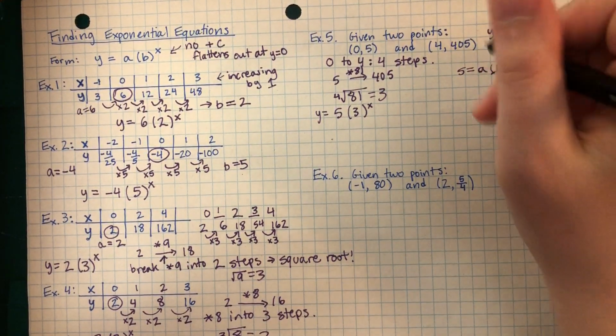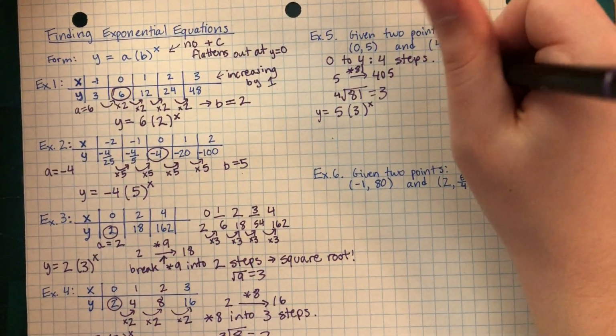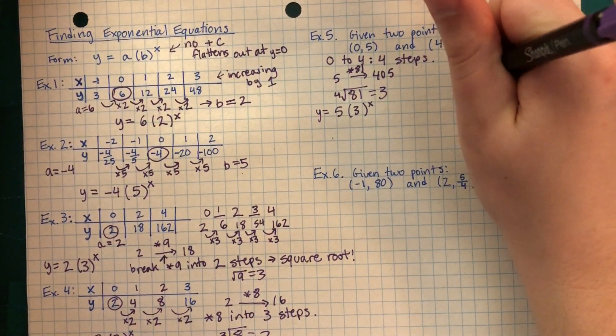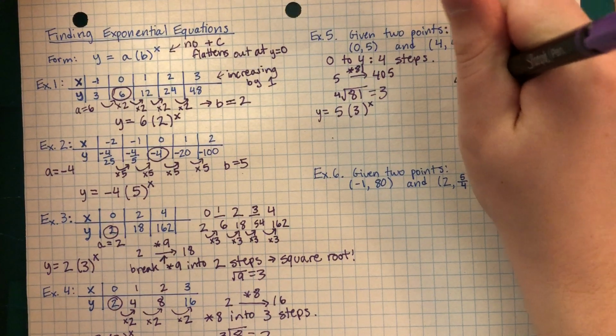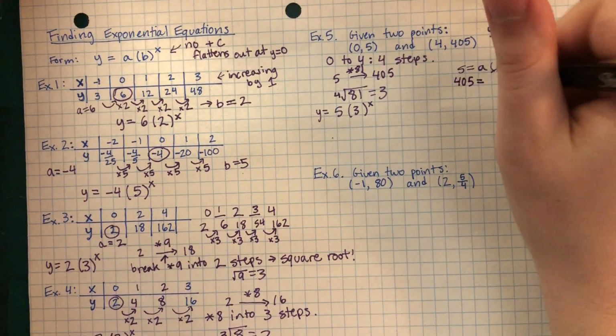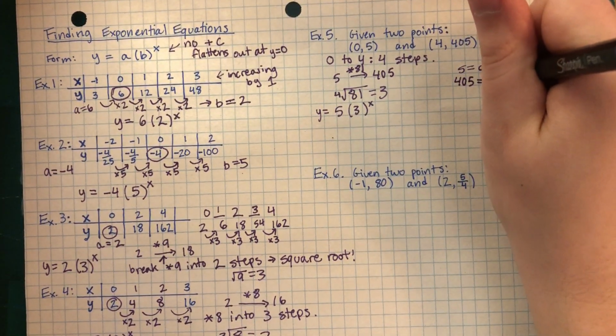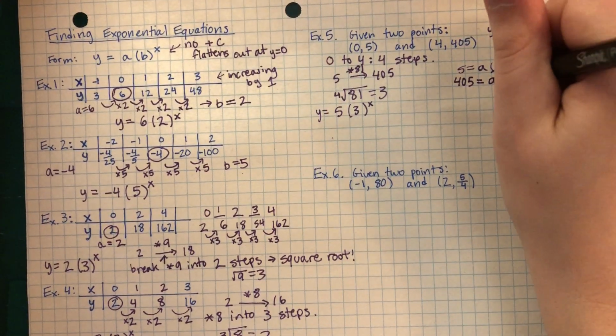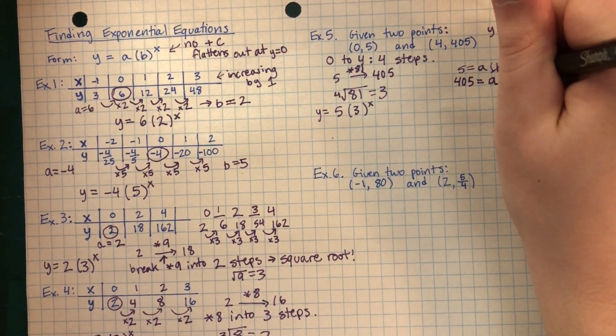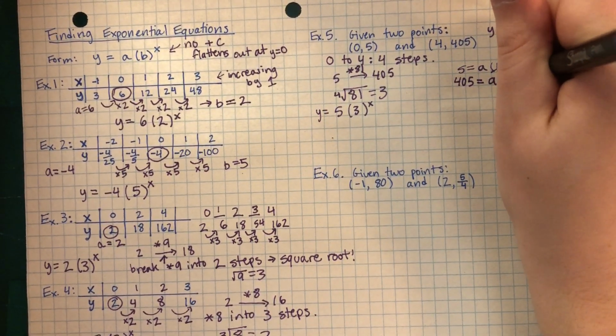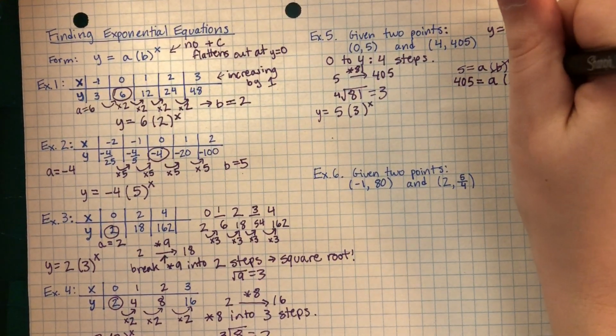Now this equation, y is 405 equals a times b, which I don't know yet, to the x here is 4.